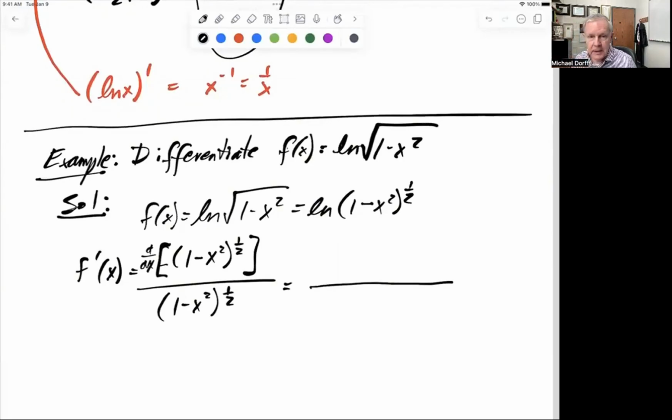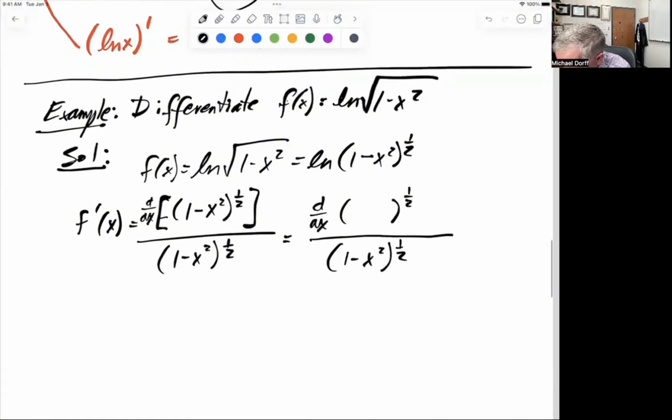Well, now I need to use the chain rule. So the chain rule says I'm going to have basically what's inside the parentheses there to the 1/2 power. So by the chain rule, that derivative is going to, I'm going to bring that exponent out front, keep the parentheses, reduce the exponent by 1, and then I have to take the derivative of what's inside the parentheses.